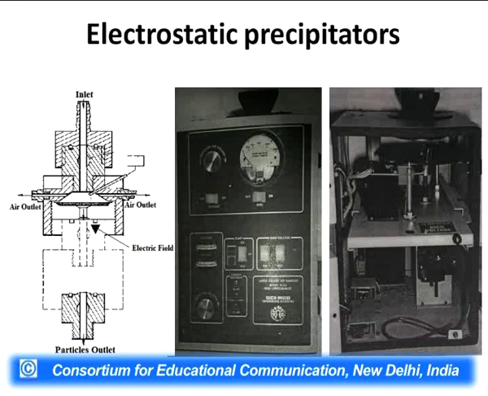We can see at the top there is an inlet through which the air passes inside. There are 2 outlets through which the air goes out, and in the middle there is a circular structure where there is an electric field.